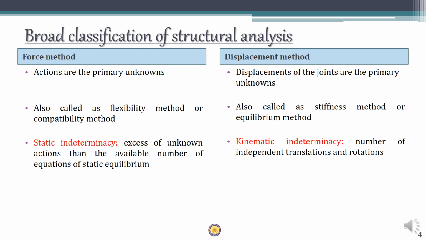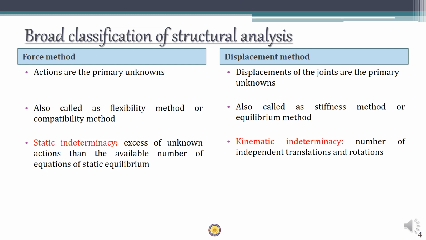Talking about types of determinacy, any structure has two types of indeterminacy defined for it: static indeterminacy and kinematic indeterminacy. Static indeterminacy implies that the number of unknown reactions is greater than the number of available equations. The number of available equilibrium equations is limited, say 3 in the case of two-dimensional problems and 6 in the case of three-dimensional problems.